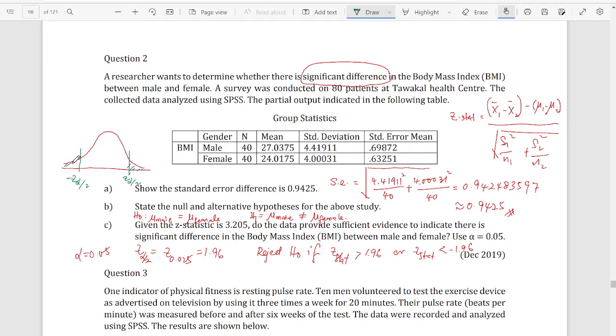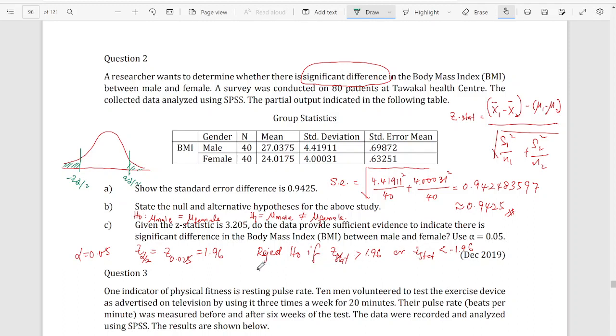So that means kita akan reject null hypothesis kalau nilai Z test berada di dalam kawasan lorekan, iaitu lebih besar dari 1.96 ataupun lebih kecil daripada negatif 1.96 because this is a two tail. So in this situation, the given Z statistic is 3.205, which is greater than 1.96.